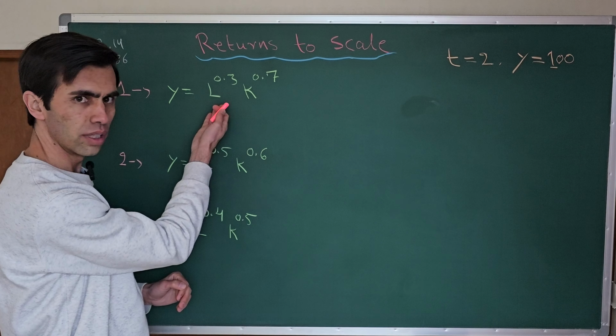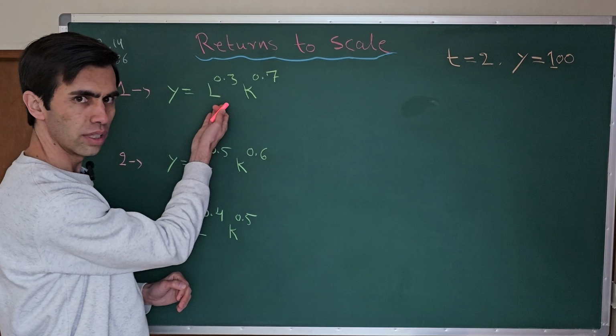So now let's move to the second one. Again, y of 2, that is the output level after scaling up all inputs by 2, equals (2L) to the power of 0.5 times (2K) to the power of 0.6.